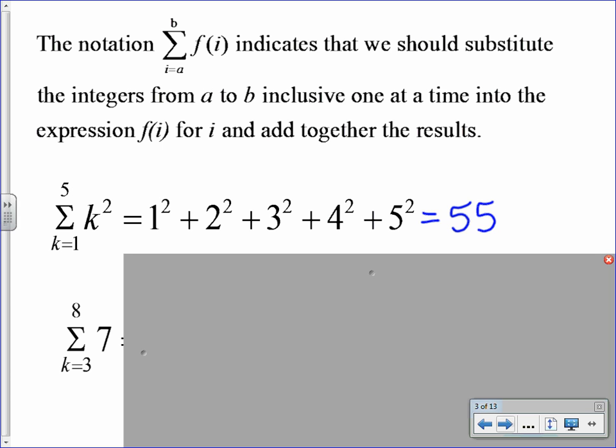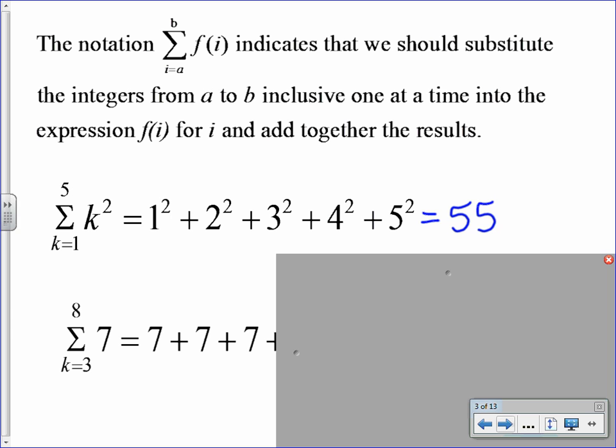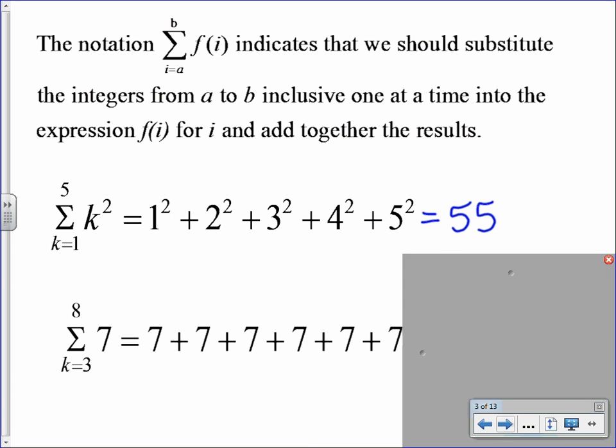Okay. How about the sum from k equals 3 to 8 of 7? It is not just 7. Because we plug in 7 for k equals 3, 4, 5, 6, 7, 8.